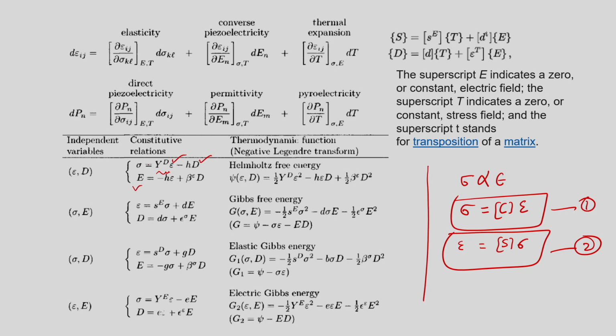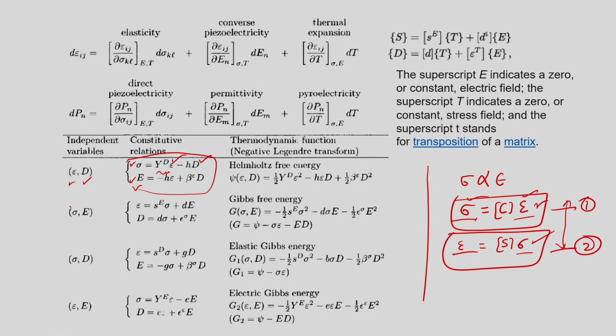So, now we have two sets of equations and four variables. You will have two sets: either you express stresses in terms of strain or strains in terms of stresses. If strain and electrical displacement are independent variables, then stresses and electric fields are expressed like this.